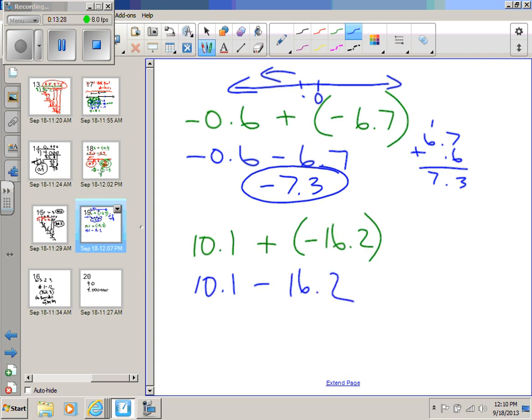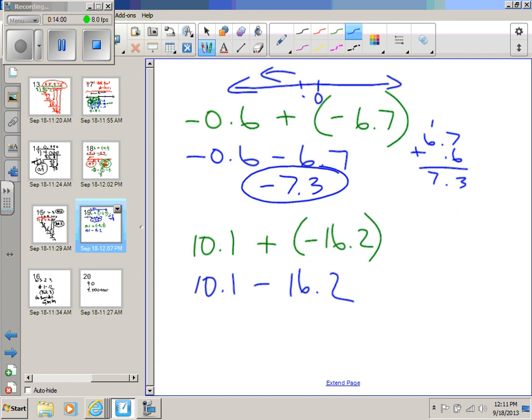Now, this one's a little bit different because I'm starting at a positive, and it's going to cross me over into the negative. So I really need to find out the difference between the 10.1 and the 16.2. When I say I have to find the difference, what operation do you automatically think of? Subtraction.